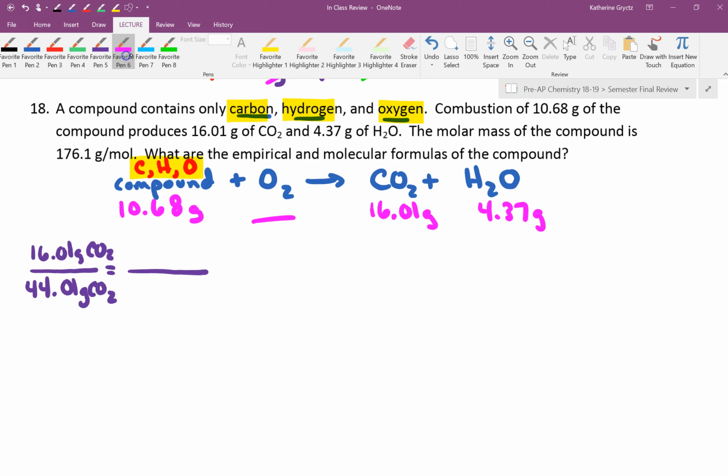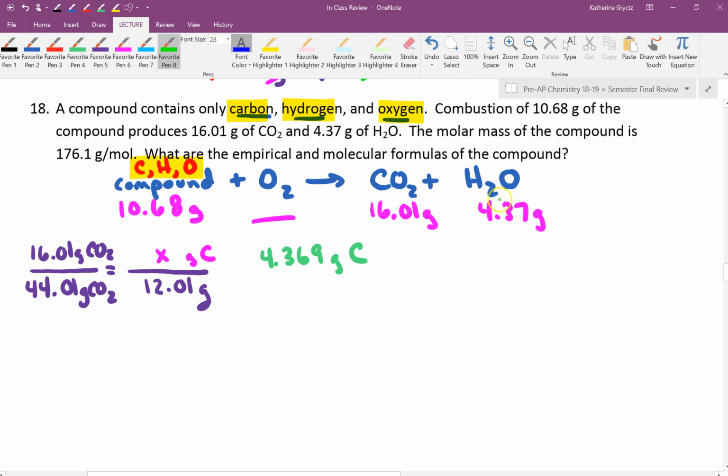So on the other side, we would need our new grams of carbon, and our old grams of carbon from the periodic table in carbon dioxide are 12.01. So if you go ahead and cross multiply that and solve for x, you get 4.369 grams of carbon. So if there's 4.369 grams of carbon in carbon dioxide, it had to come from over here. So that's what we're going to use for our grams of carbon.